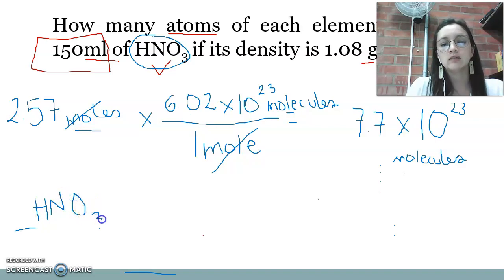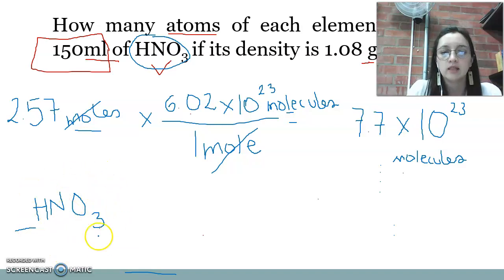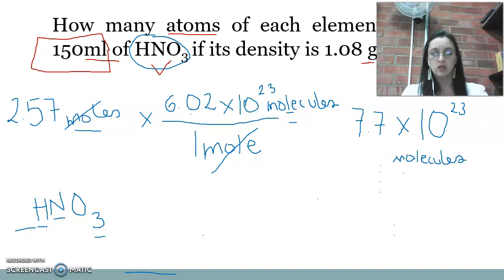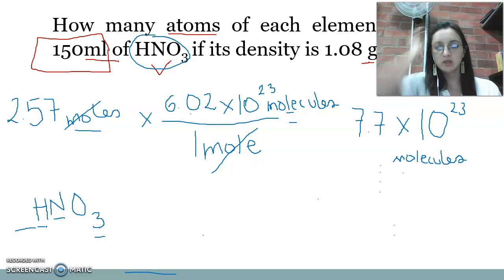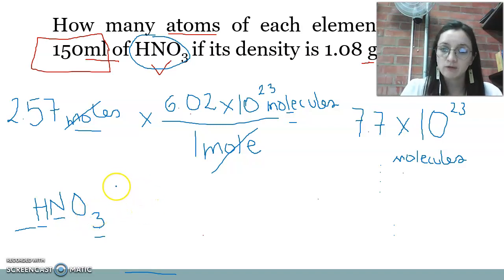This is the representation of one single molecule, okay? And in each molecule I have 3 atoms of oxygen, 1 atom of nitrogen, and 1 atom of hydrogen. So those are the number of atoms per molecule, and that's going to be my conversion factor.